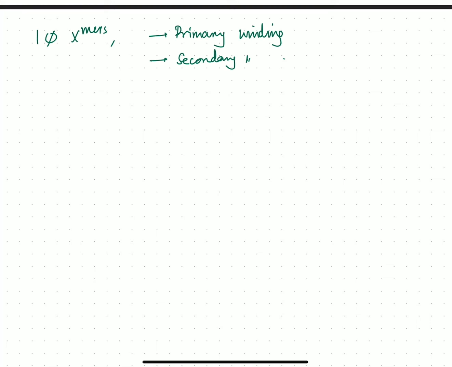So what happens if you have to calculate the copper area in the window? The copper area in the window is calculated as the total copper area of the primary and the secondary.